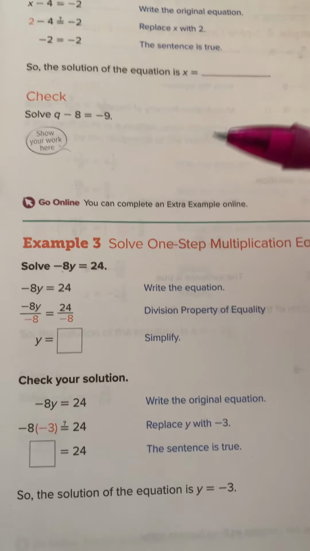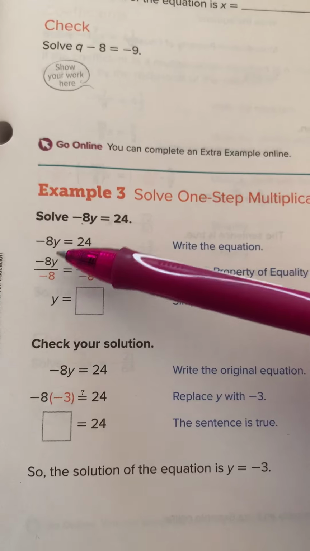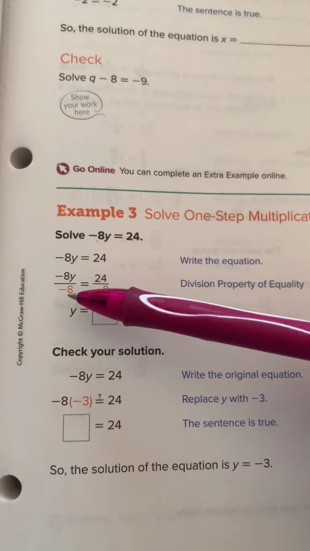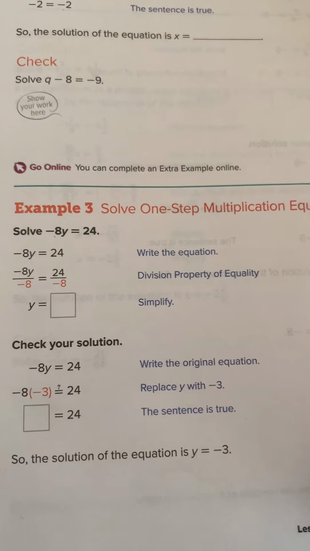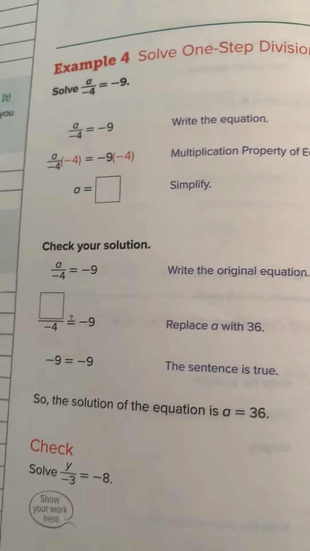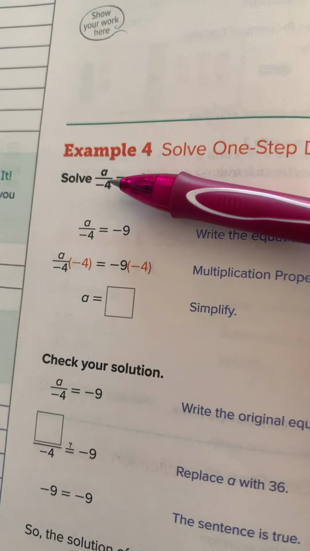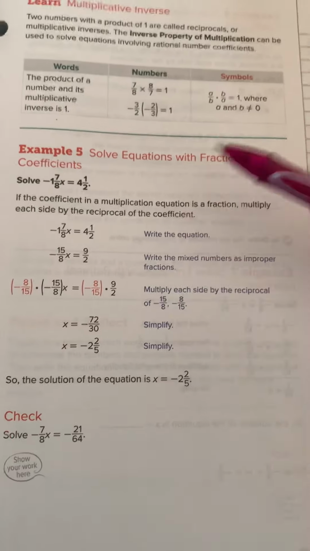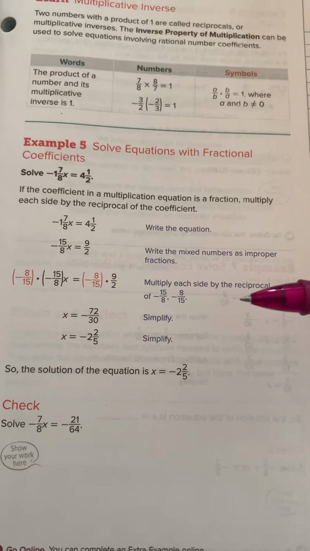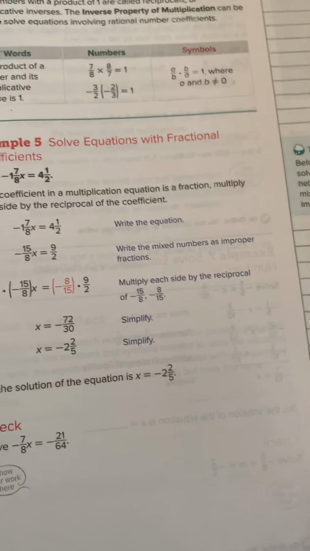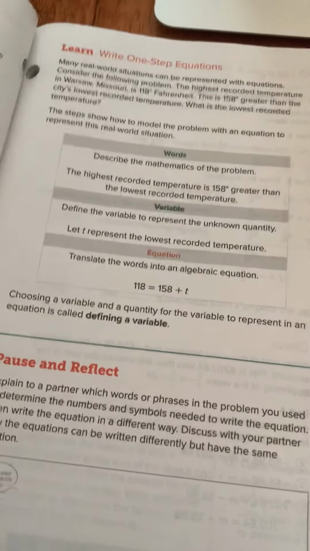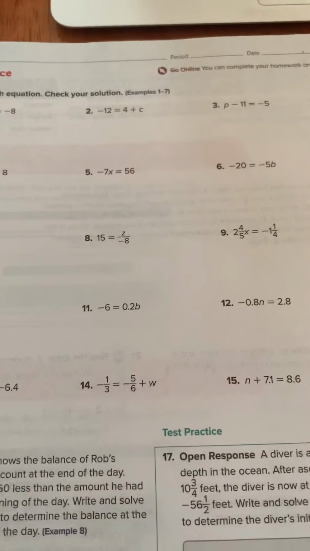Now, there's an 8y, so that means we're multiplying, so you do the inverse of that and you're dividing. Then they throw you into division. There's the fraction, so you divide, so then actually you're doing the inverse, which is multiplying. And then it goes over here to fractions because they hate us. We're not going to focus on the fractions much. Obviously, that's a lot to take in, so don't worry. We're just going to focus on the main parts.